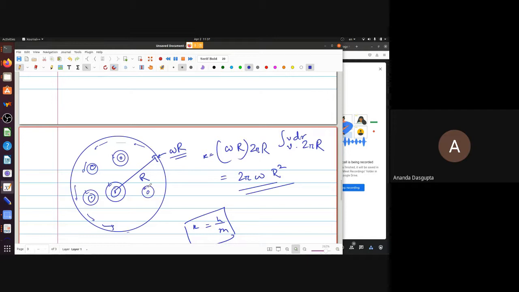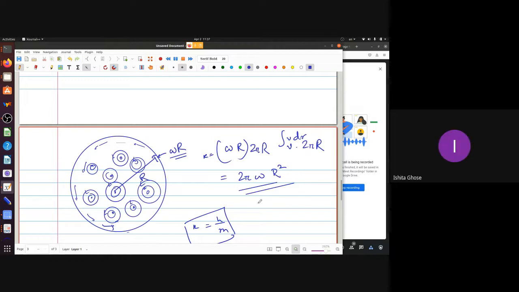Instead of flowing like a rigid body where everything moves with the same angular velocity about the axis, the superfluid breaks up into many tiny vortices, so that the net circulation 2 pi omega r squared is achieved despite the fact that each vortex has only a very tiny microscopic amount of circulation. Got it?